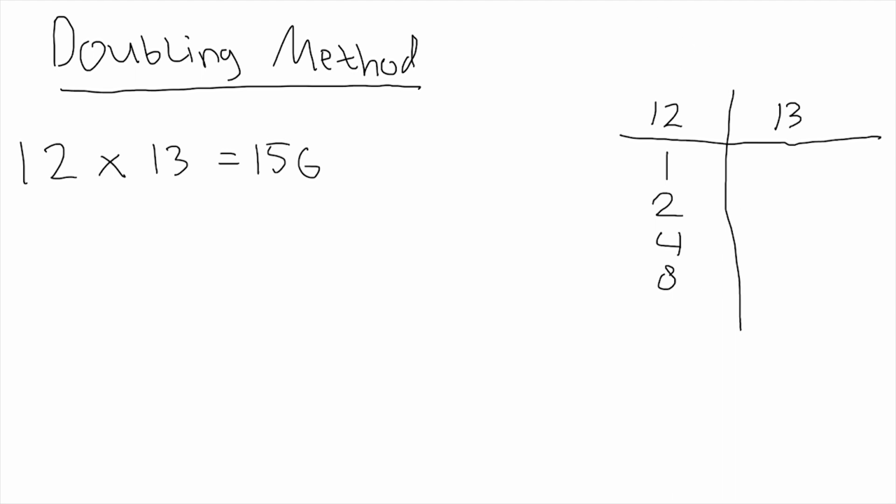Then, because we want to know 12 multiplied by 13, the start of the right column is 13, and then we double it again: 26, 52, and then 104.